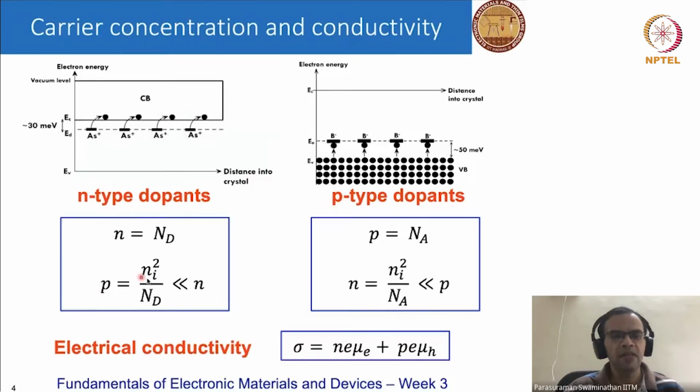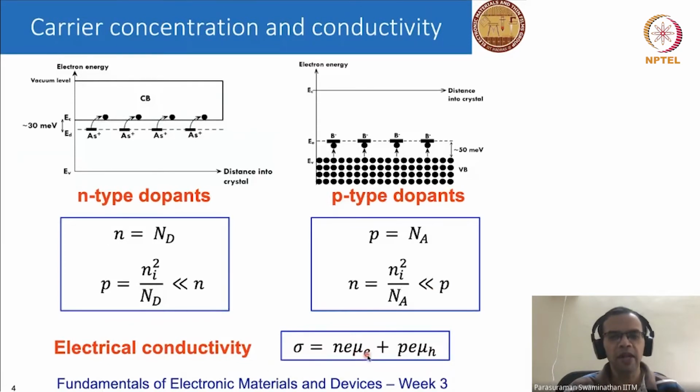In any semiconductor, the product of n and p is equal to ni squared, which means p is ni squared by Nd, and typically this number is much smaller than n, which is why we say electrons dominate the conduction in the case of an n-type dopant. The opposite is true in the case of a p-type dopant. So p is equal to Na, and the concentration of electrons is much smaller than p.